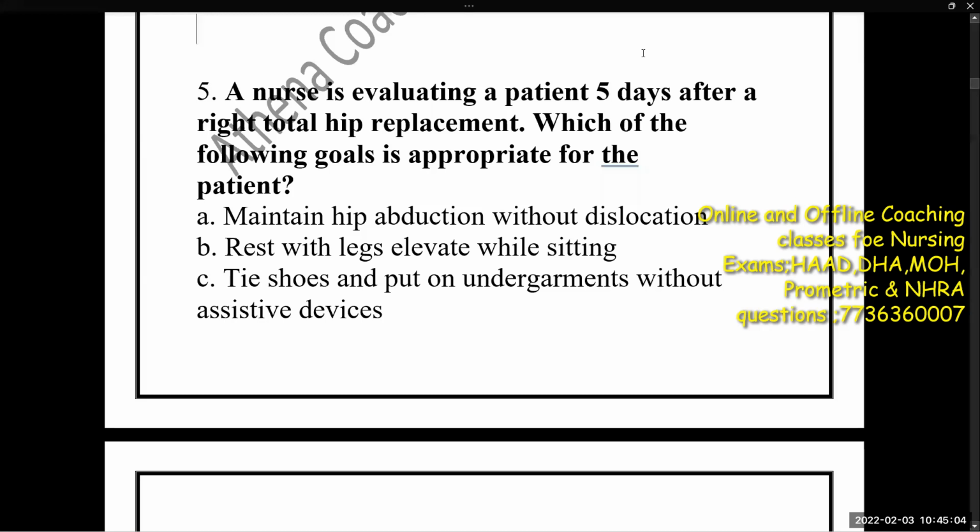So the answer is maintain hip abduction without dislocation.